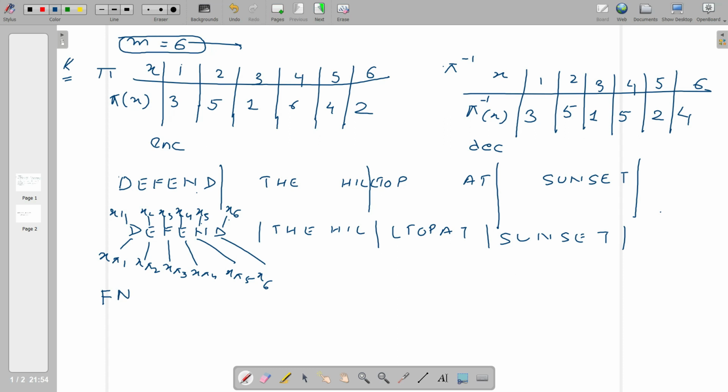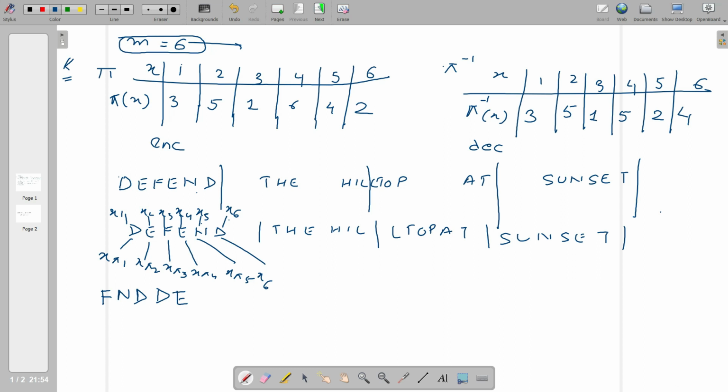In place of x3 you need to write x pi 1, which is d. In place of x4 we need to write x pi 6, which is again d. In place of x5 we write x pi 4, which is e.